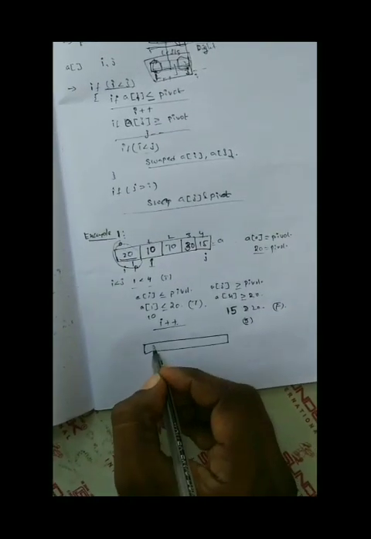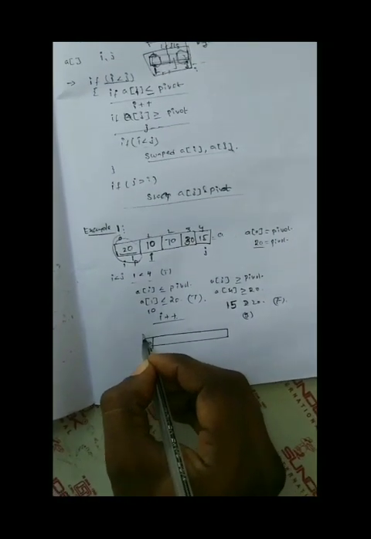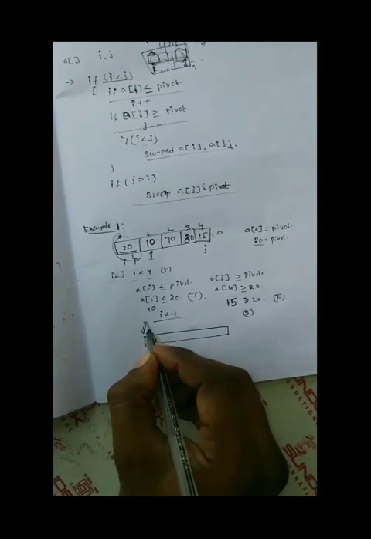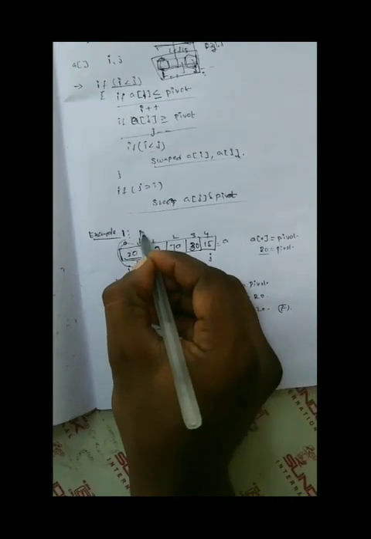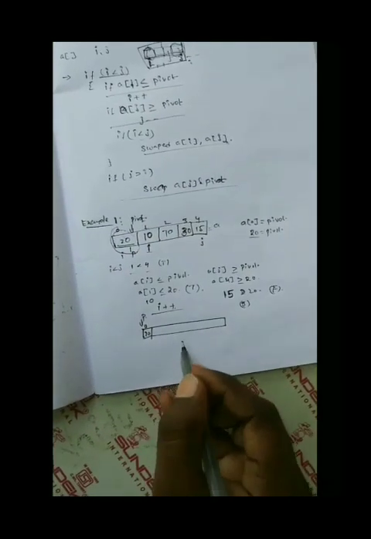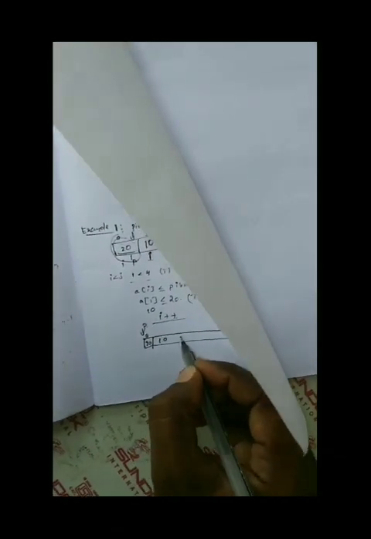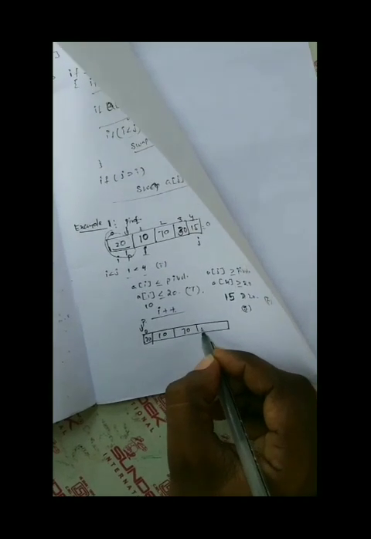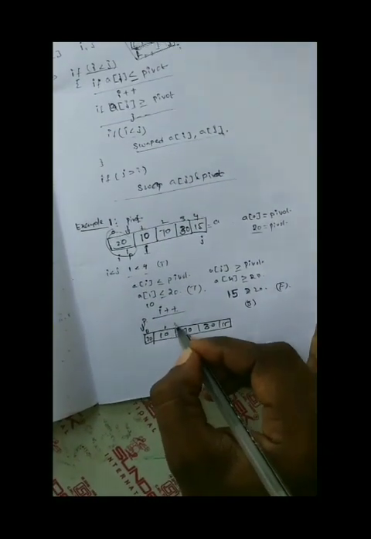So the pivot element is 20, we take it as the pivot, and we forgot to mention that one, and the remaining values are, and the index positions are going to be taken.